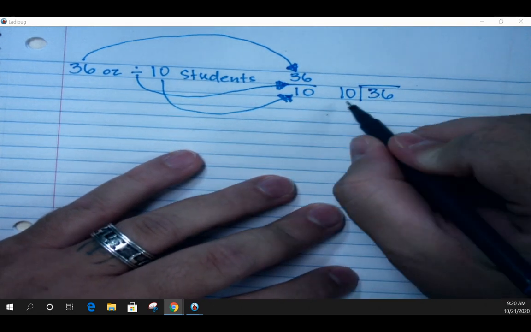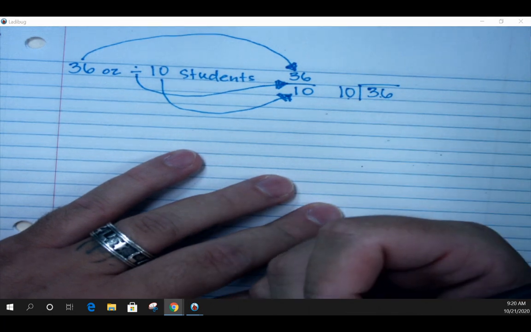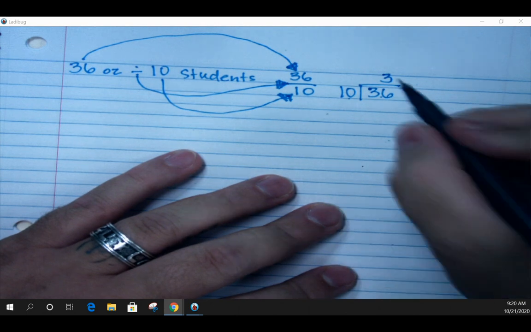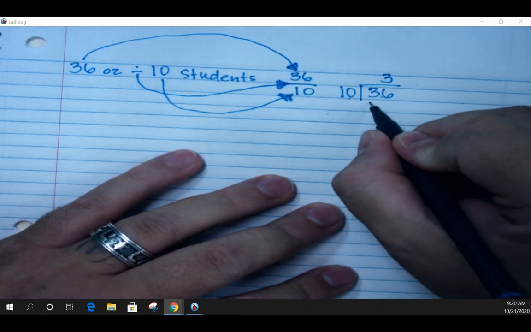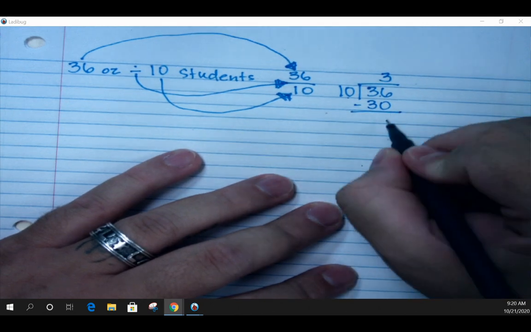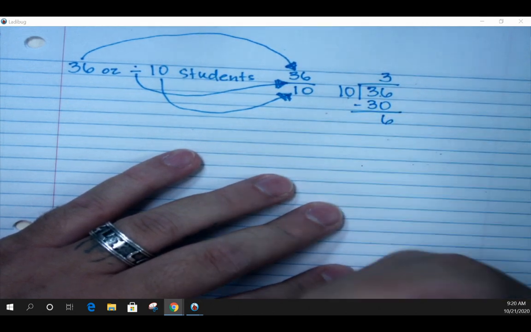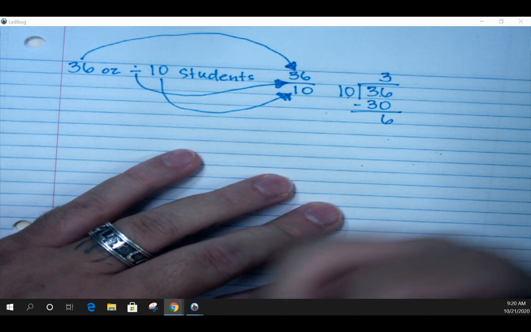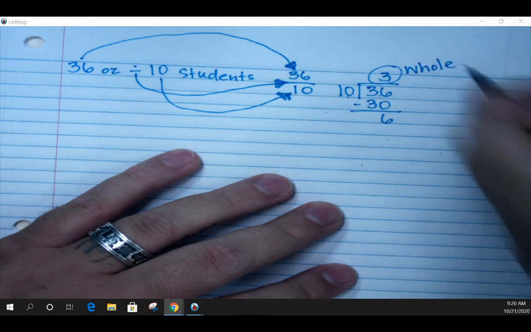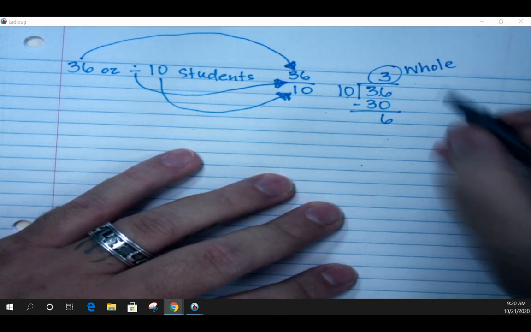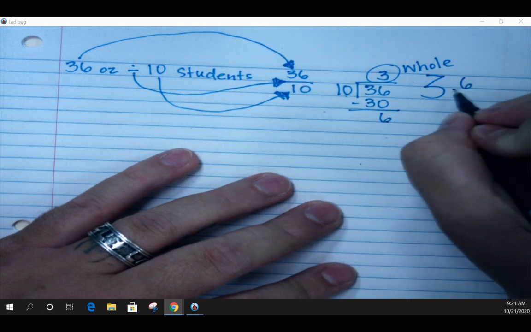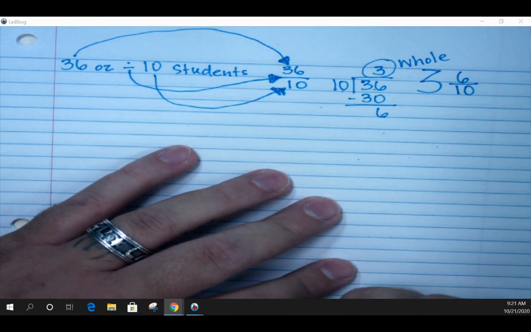How many times will 10 go into 36? 3 times. 3 times 10 is 30. 36 minus 30 is 6. Can 10 go into 6? No. So 3 is your whole number because it goes in 3 whole times. You have 6 left over out of 10.